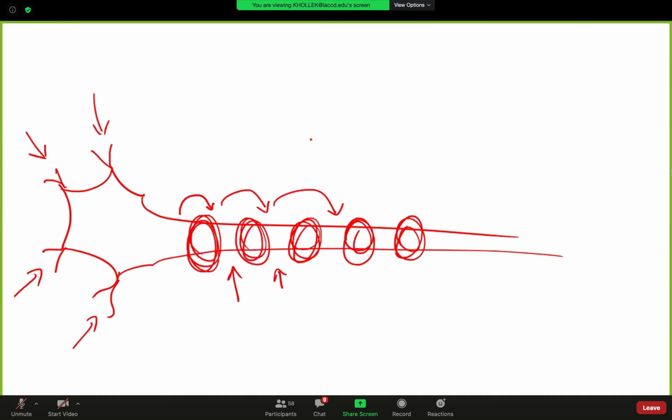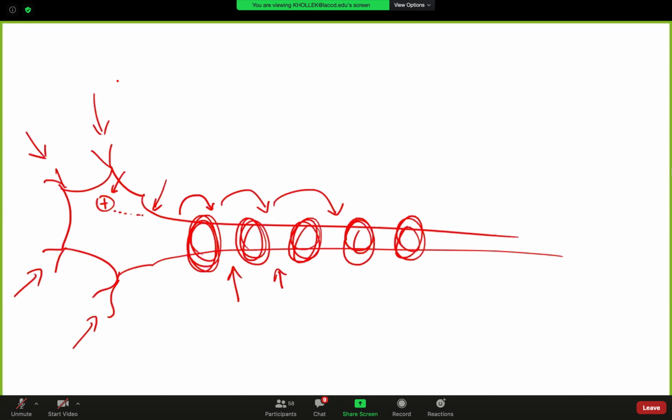Now, graded potential decays with distance. So, for example, let's say you receive the signal, whatever channel was open, and you receive some positive signal, but let's say it stopped in this case, and this is not enough to cause the action potential. Let's say it was positive 10. By the time you're reaching here where the axon hillock was, the signal is going to be even lower.